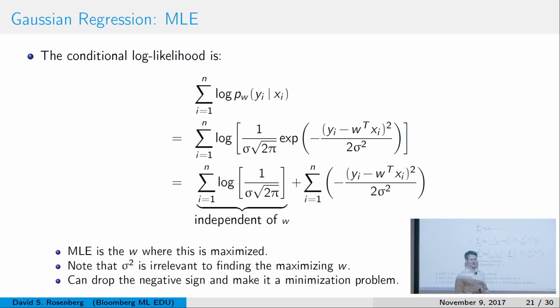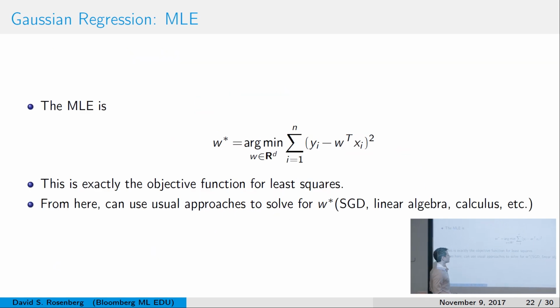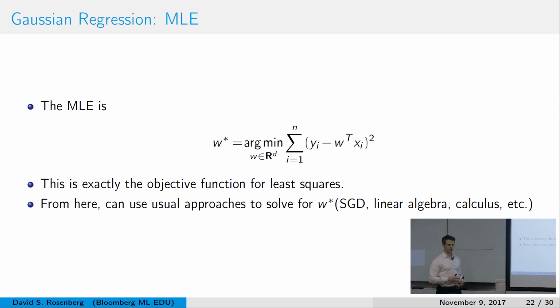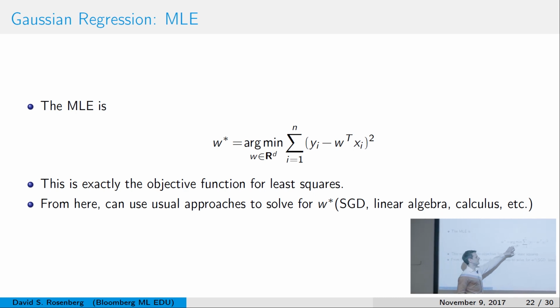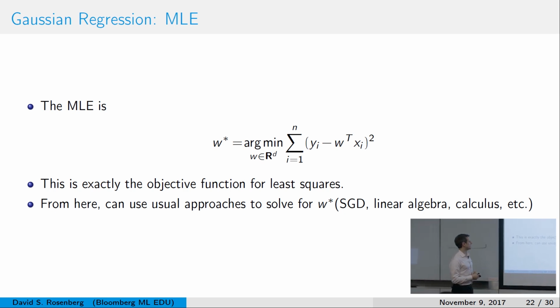You could drop it without changing the optimizing value. And what you're left with is exactly the square loss, the empirical risk for square loss on a linear hypothesis space. There's no 1 over n here, but that's the only difference from what we've had before, the most basic case.